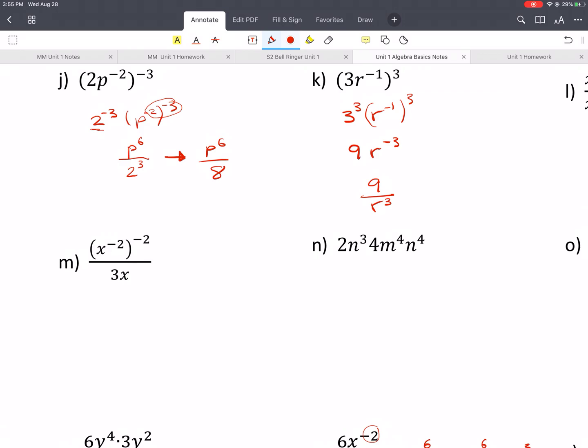Okay, on the top we have a power inside of a power, so maybe we'll evaluate that first. That would give us x to the positive 4 over 3 times x. Okay, and then we have a quotient, so that would be the same thing as x to the 4th minus 1, because this is the same as an exponent of 1 over 3, which is x to the 3rd over 3.